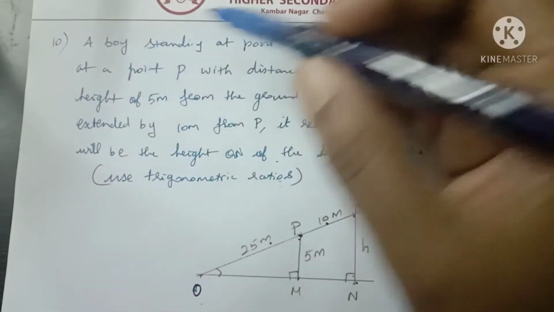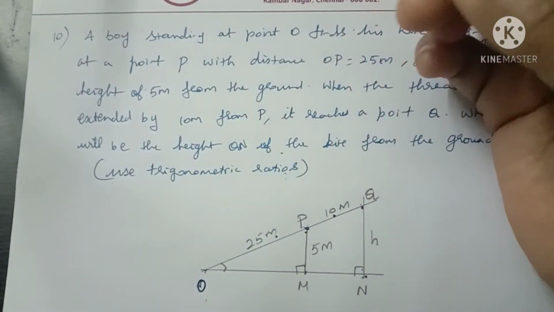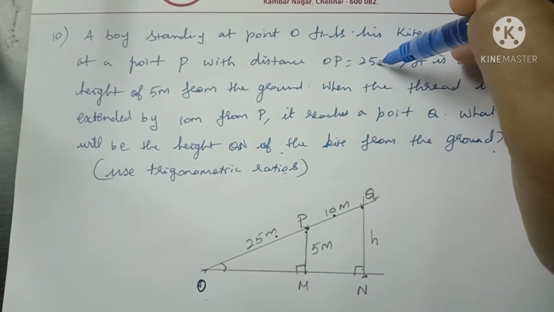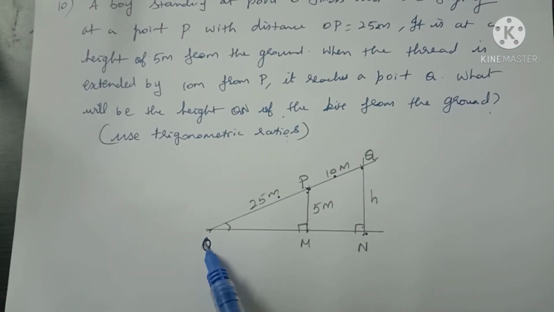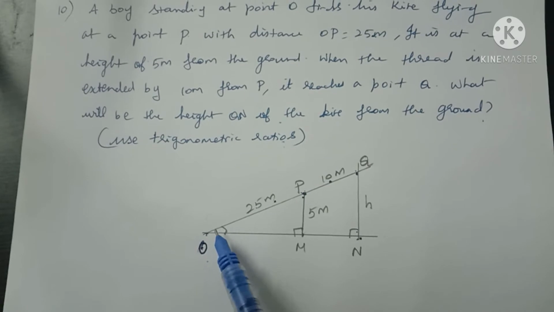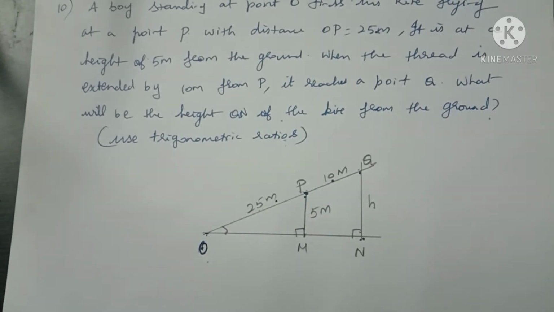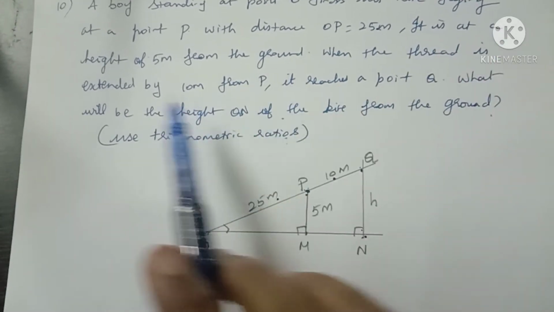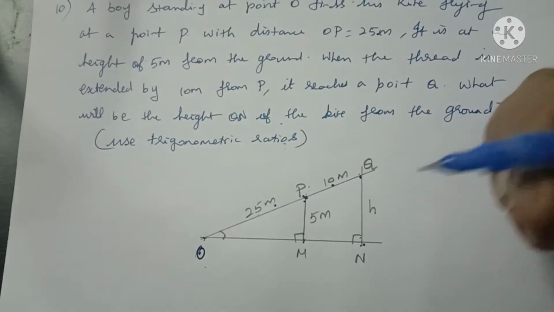10th question. A boy is standing at a point O. A kite is flying at a point P with the distance OP equal to 25 meter. If you see the figure, a boy is standing at O and the distance of the kite is 25 meter. And its height is 5 meter from the ground.